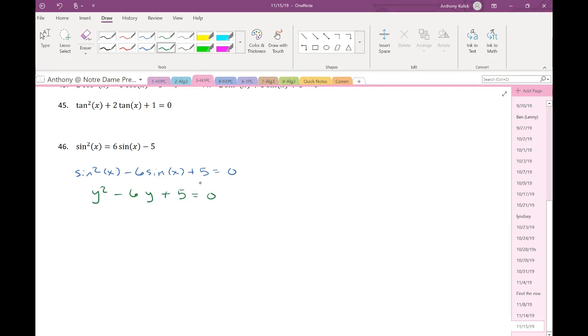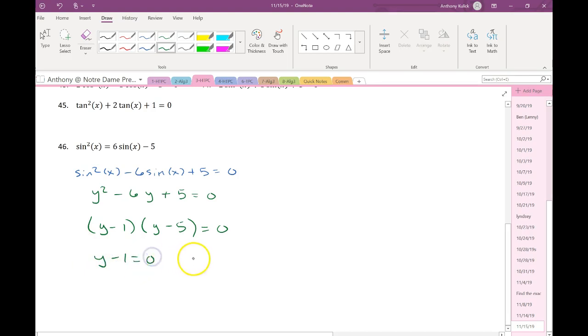I need two things that multiply to give positive 5 but add to give negative 6. Negative 5 and negative 1. Everybody good with that? So I have y minus 1 and y minus 5. I can then set each of these pieces equal to 0 and solve.